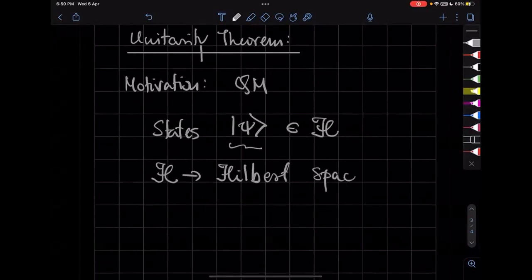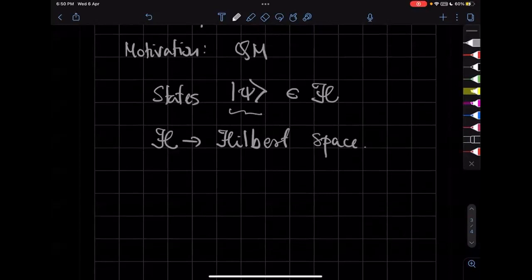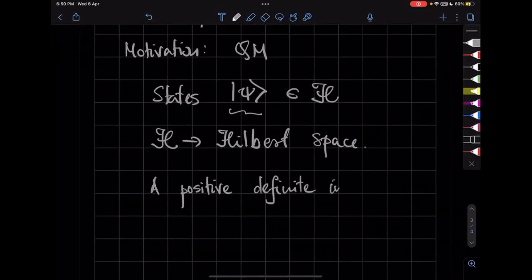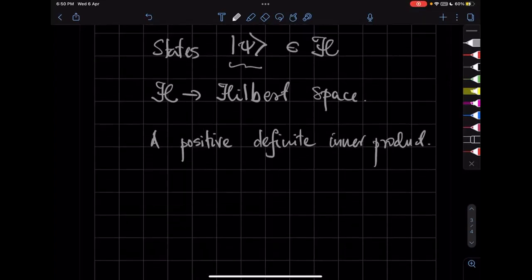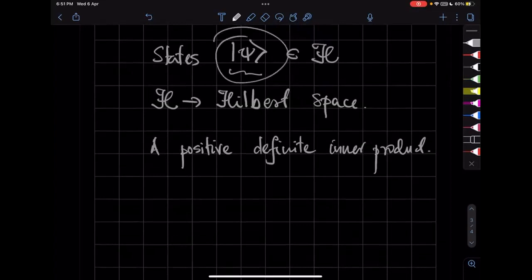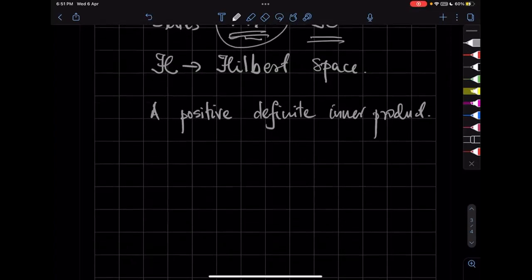And the Hilbert space is a space which has an inner product, has a positive definite inner product, which means that for every psi, or for the vector space psi, there are these dual vectors, which I'm calling phi, such that there is an inner product. So this is a complex number, okay?